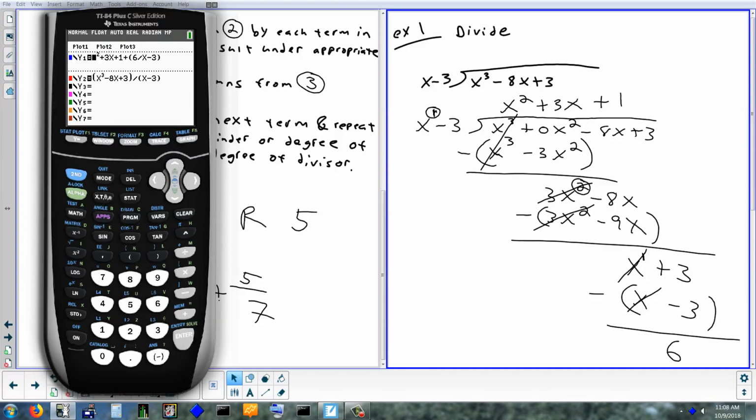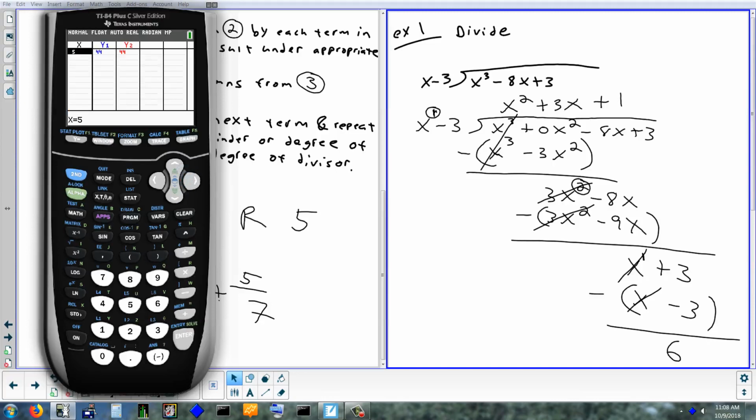That should be okay. x squared plus 3x plus 1 plus my remainder over my, oh, I probably need parentheses around this. Let's see, if that doesn't work, then I'm in trouble. All right, now it works.